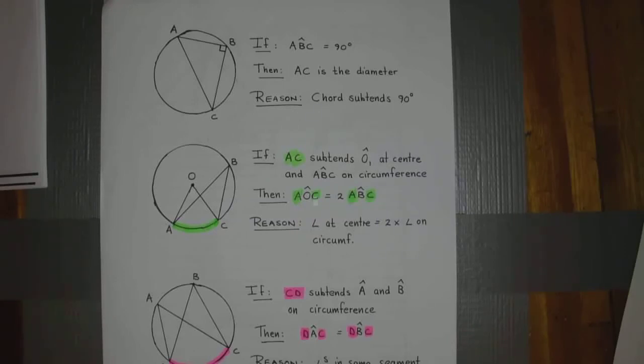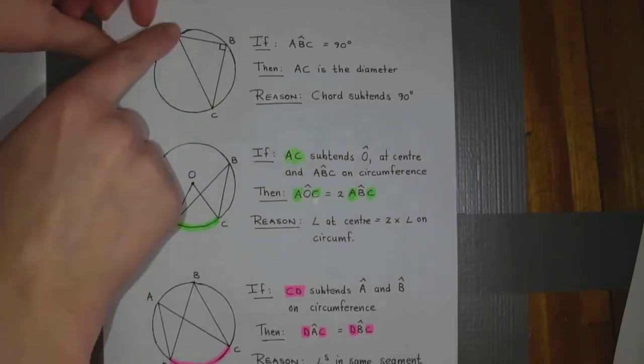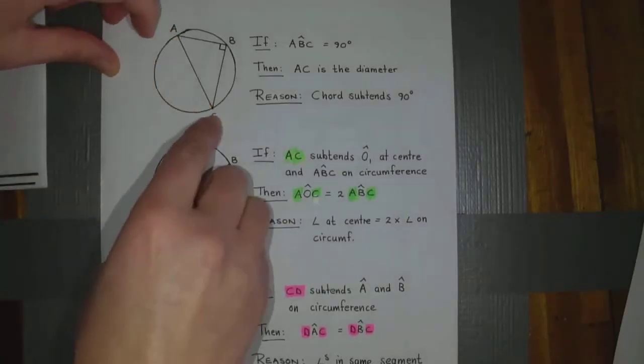Because the end points from A to angle B and from C to angle B form line AC, that means AC subtends angle B. Or, if there's no line there, I can say arc AC subtends B.